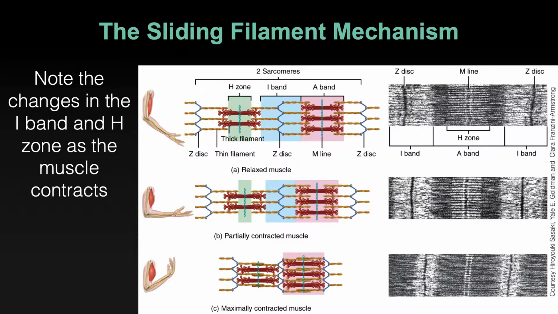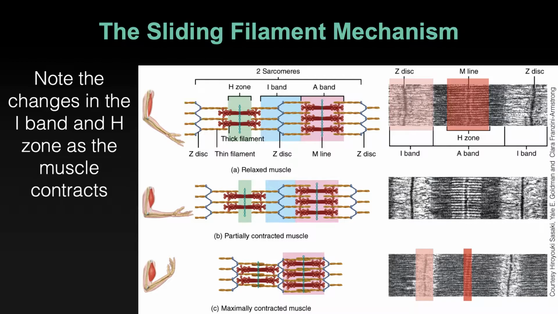As those filaments gradually overlap more and more, as they slide over top of each other, those areas compress. The H zone and the I band are smaller because there's more overlap and fewer sections of just those individual filaments.